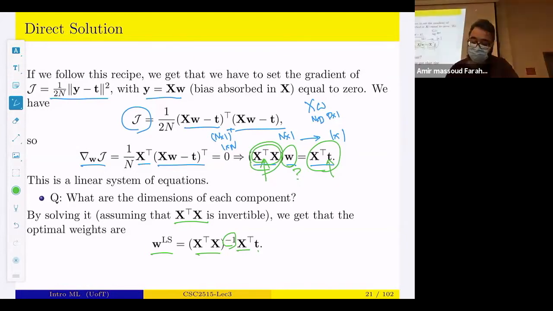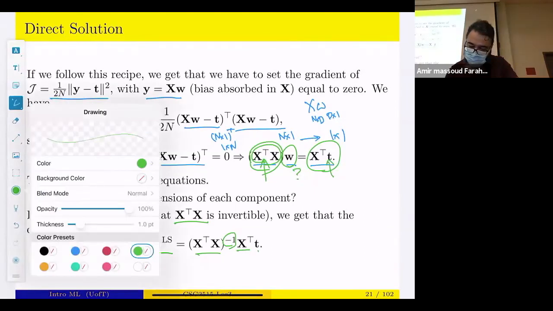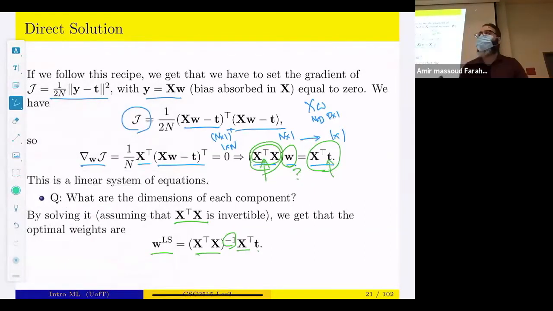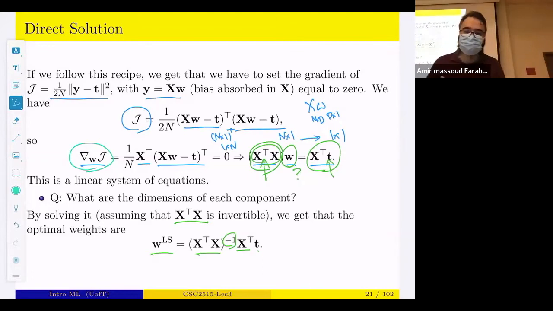Let me give you an idea why this is the right dimension. Sorry, I forgot that I should repeat the question. The question is why we have X transpose here instead of X, for example.